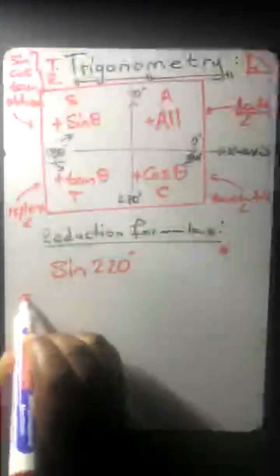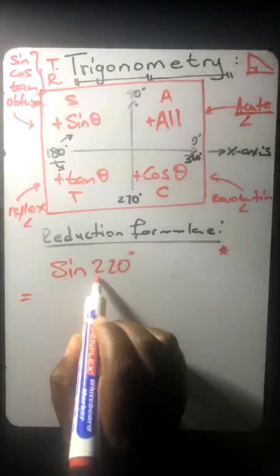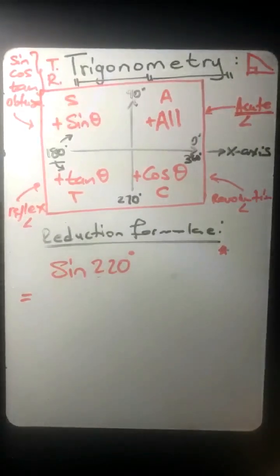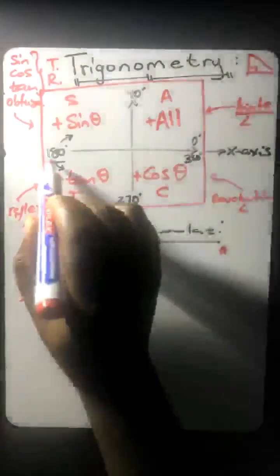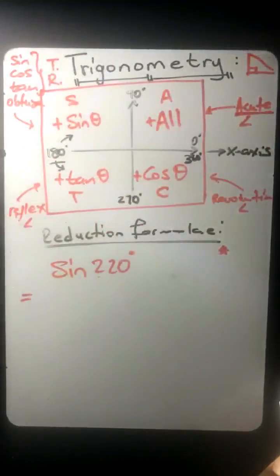Okay, now that we know it needs to be reduced, in which quadrant does that angle fall? Or what is the name of that angle? Reflex. Reflex, because it falls between 180 and 270.